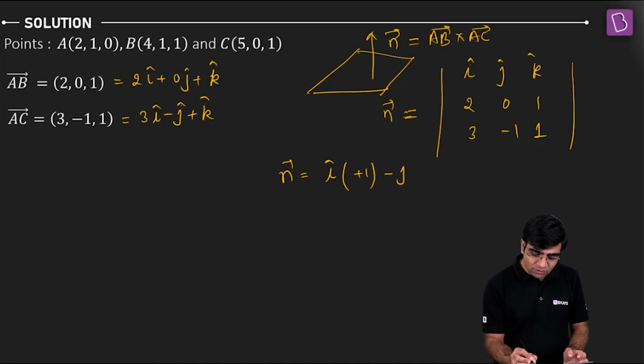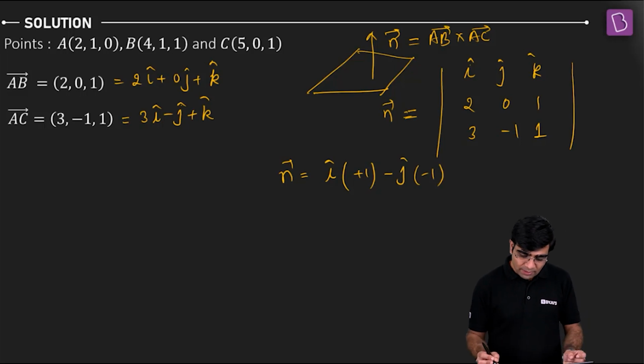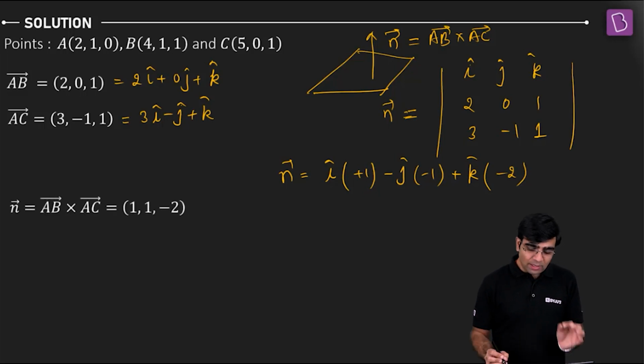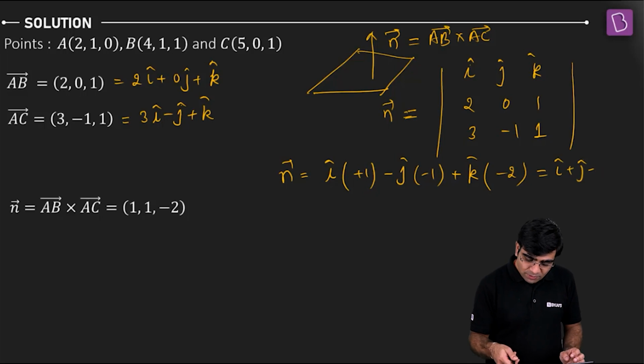Then minus j cap times, we get 2 minus 3, that is minus 1. And then the last one will be k cap times, we get minus 2 minus 0, so this becomes minus 2. So the vector is i cap plus j cap minus 2k cap.